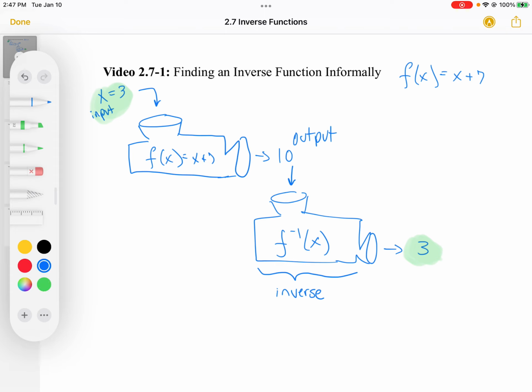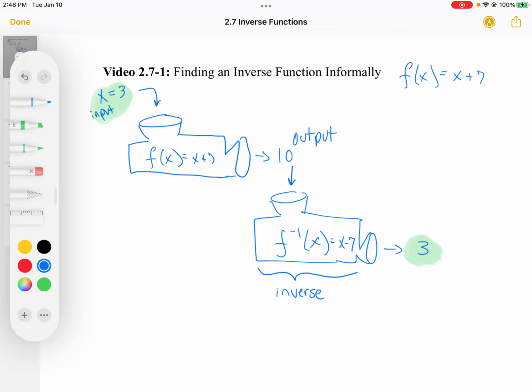So let's take a look at this function and just try to figure out, well, what is the inverse function? Well, if our simple function is just adding 7 to our input, then our inverse function is just taking that 7 away. So our inverse function is just subtracting 7 from our input.